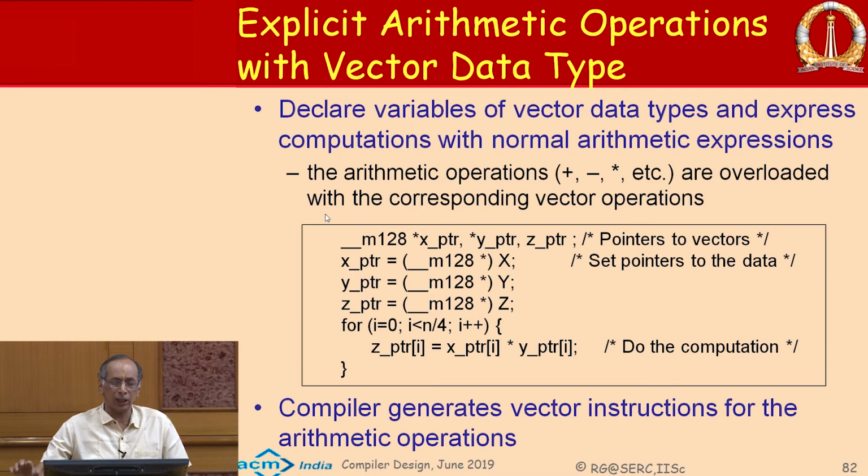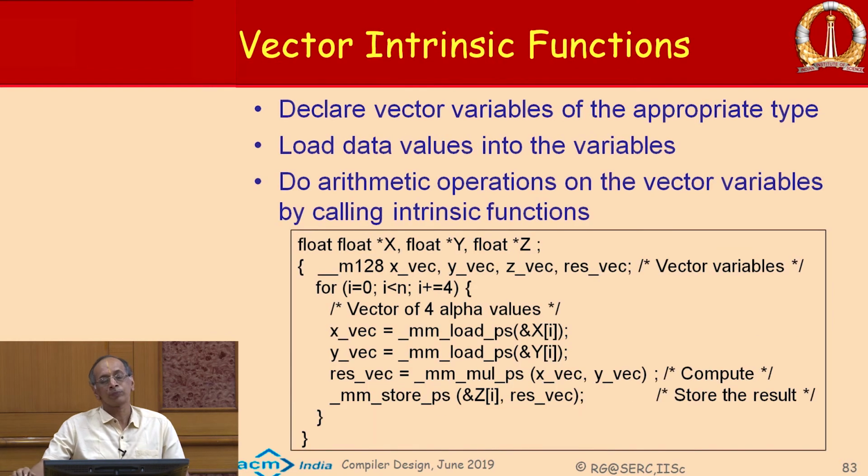I am not going to go into all the details of how to do that, because that is really not the purpose. You can also write vector intrinsic functions which do all of these things. Here I write the code in this form and give it to the compiler, which uses it to generate vector code. So, you can do one of these three things.